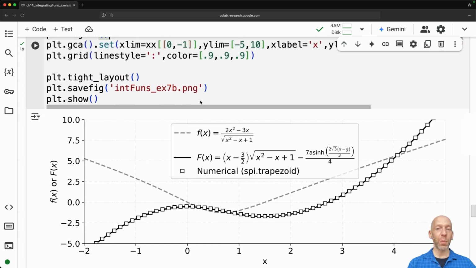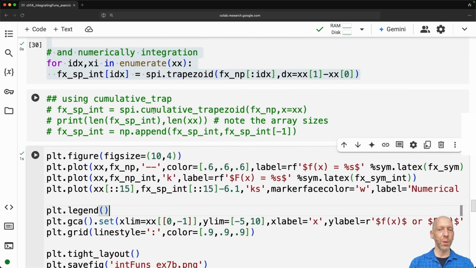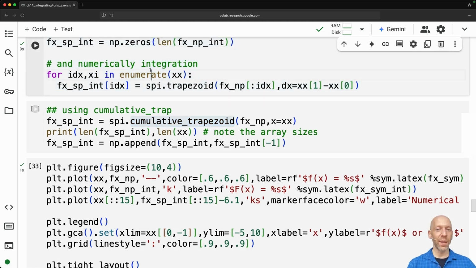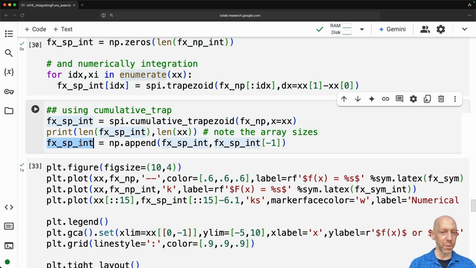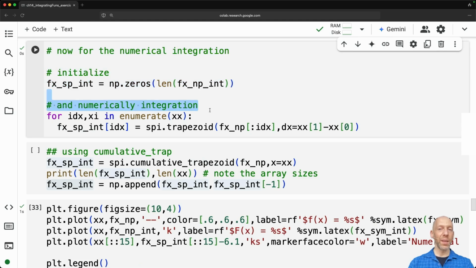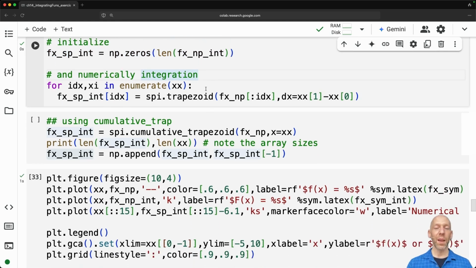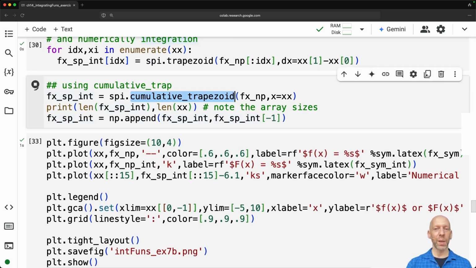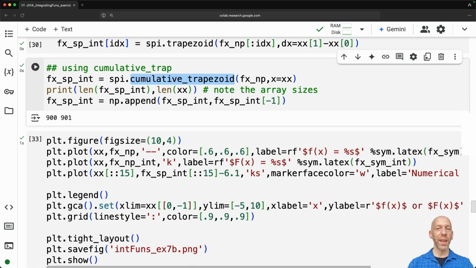Okay, so the final part of this exercise is to use the cumulative trapezoid function in the SciPy integrate module. What we're going to see is that this result here is identical to this result. So our approximate integration by using definite integrals is basically also what scipy.integrate.cumulative_trapezoid implements.